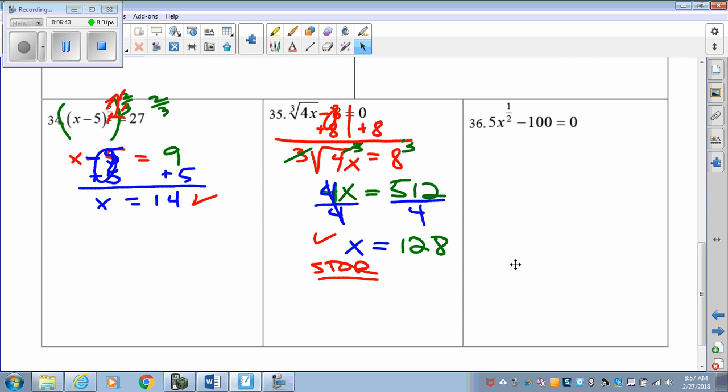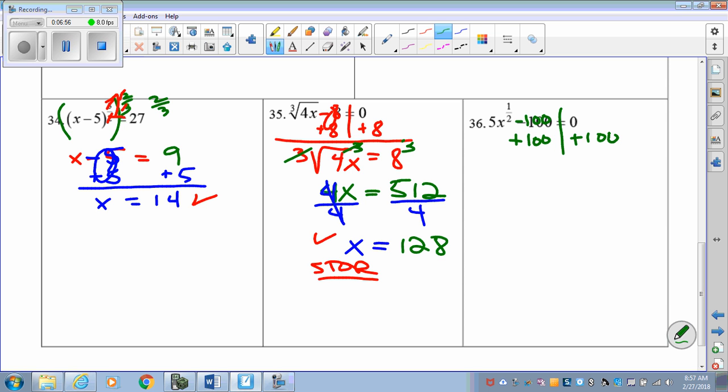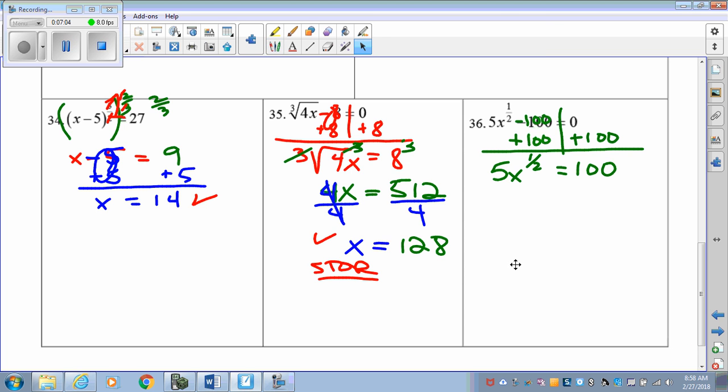All right, so now we come over here. Again, I always want the x by itself, so we're going to get rid of this 100 first, so that would be plus 100, right? Always do the inverse, so I get 5x to the 1/2 power equals 100. Okay.